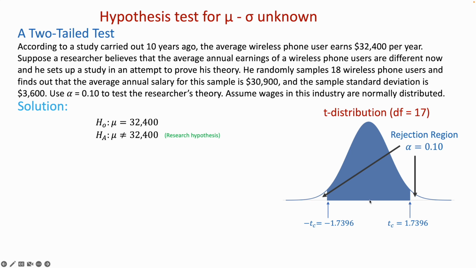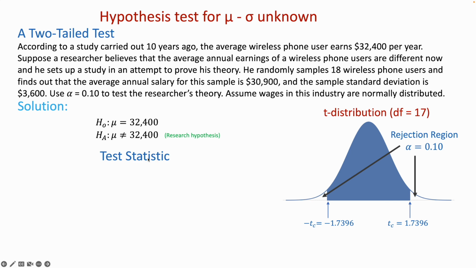So now that I have defined the rejection region, I know what the acceptance region is, and I also know what the rejection region is. The rejection region will be the values bigger than 1.7396 or lower than negative 1.7396. So I'm going to compute the t-value. This will be my test statistic.